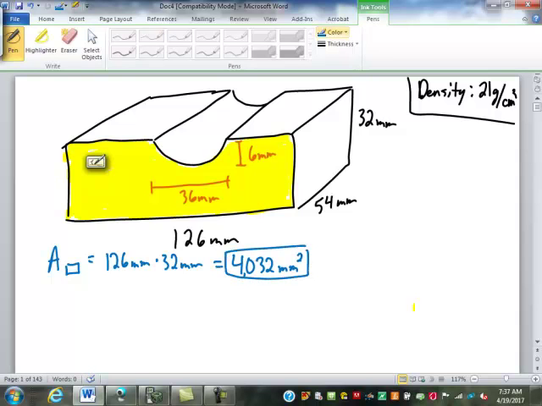So from that, then, we have to subtract this segment of a circle here. So we need to figure out the area of that segment. This is where we left off yesterday.